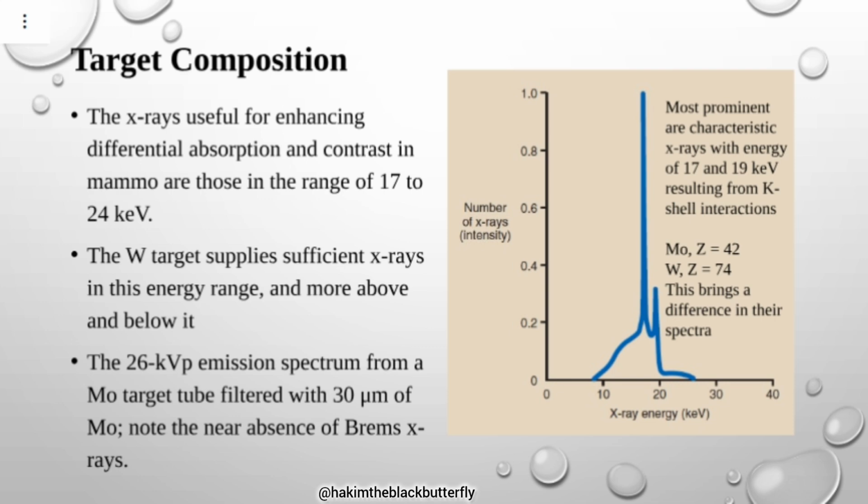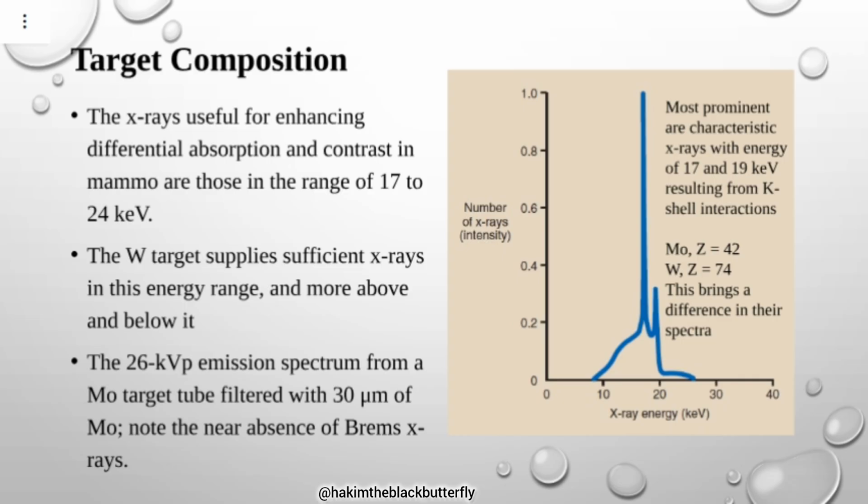More than 24, there is more penetration, and you lose contrast, or you lose seeing the differences between these structures in the breast. The tungsten target supplies sufficient X-rays in this energy range, that is 17 to 24, and more above and below it.